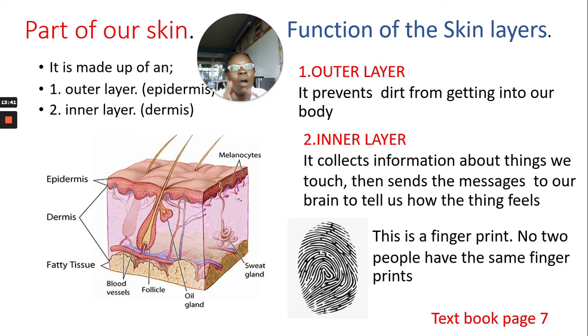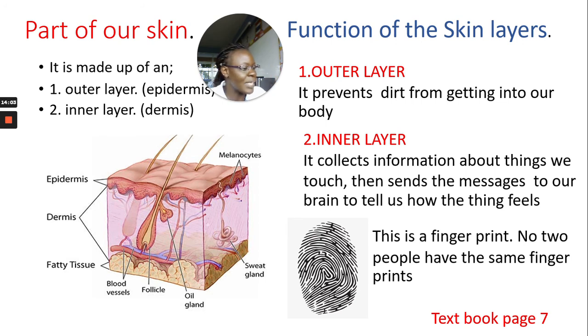Like I say, all our senses work in conjunction with our nervous system. So when you touch something and it's smooth, like this remote, it's very, very smooth, the inner layer will send the information to your brain to tell us how this thing feels.